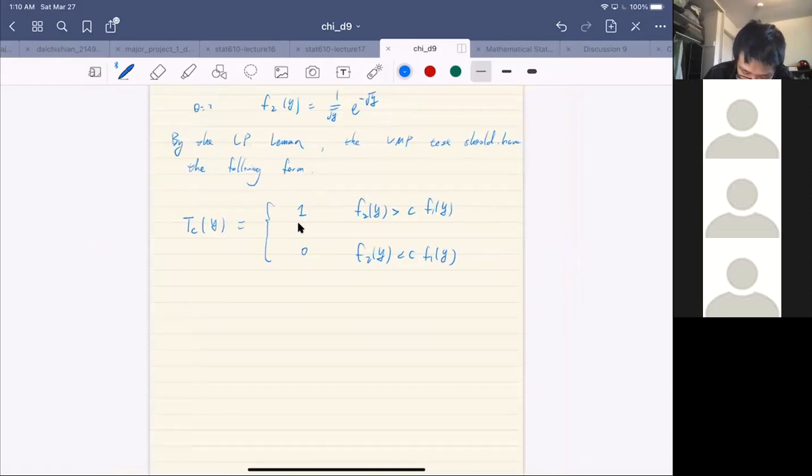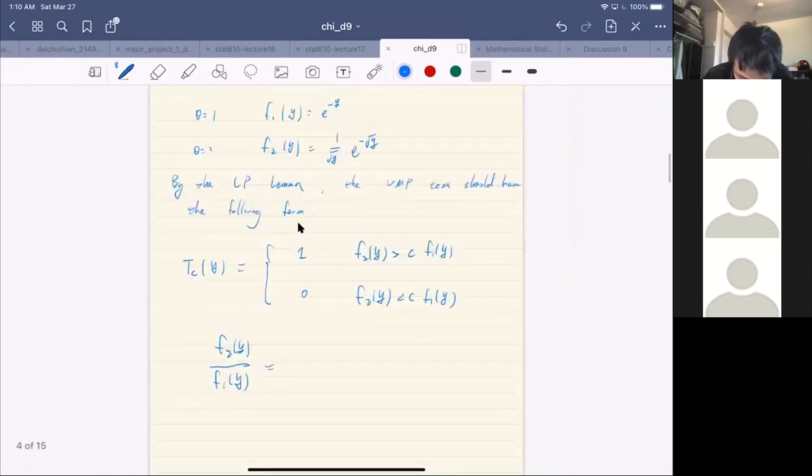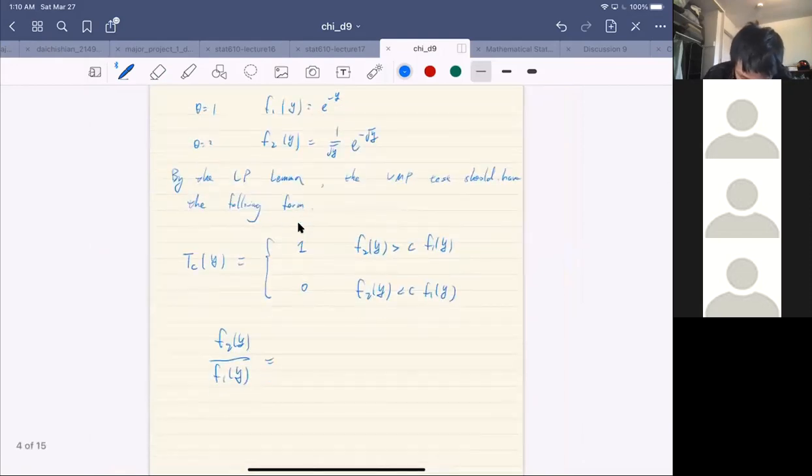So basically we want to find what this ratio is. And this is like this, here's 2 e to the y minus this.